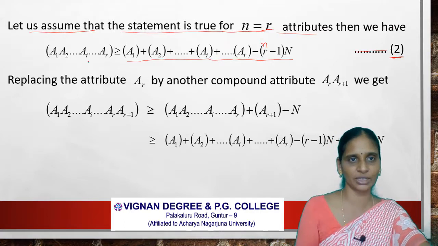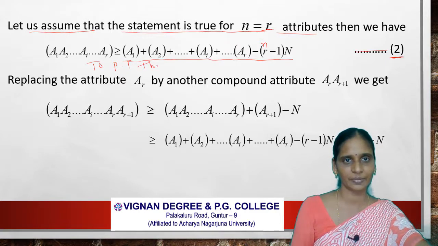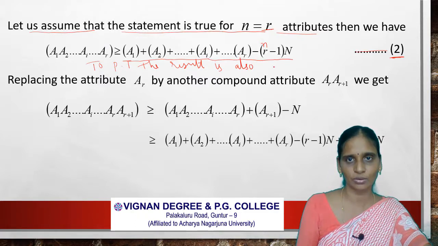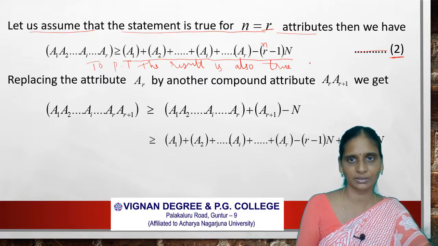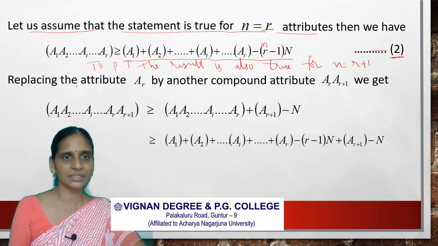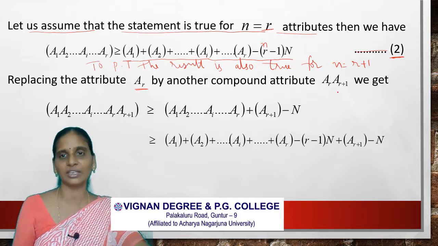Now we have to prove that the result is also true for n is equal to r plus 1 attributes. So now we are replacing the attribute ar by another compound attribute, that is ar into ar plus 1.